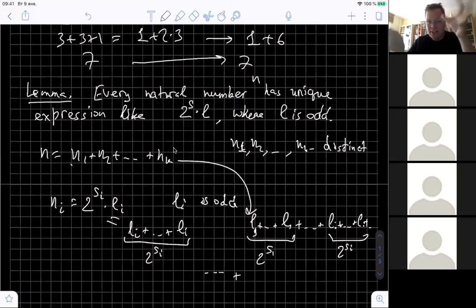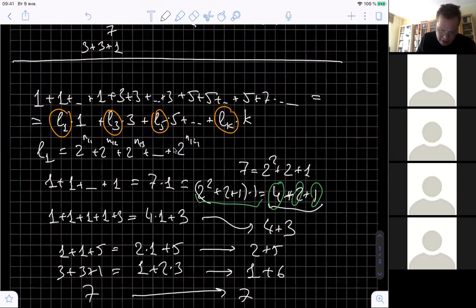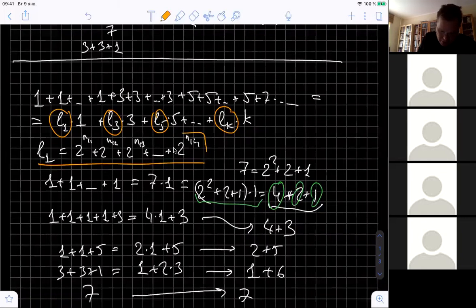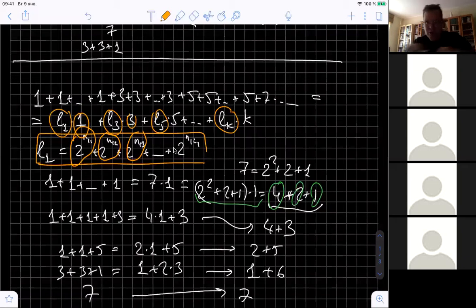I take the odd parts, combine them, and then I write each coefficient as a sum of powers of two, and then I separate them, and I will obtain the pairwise distinct numbers, because from each number there will be either a different power of 2 or a different odd number here. So all the parts will be pairwise distinct.